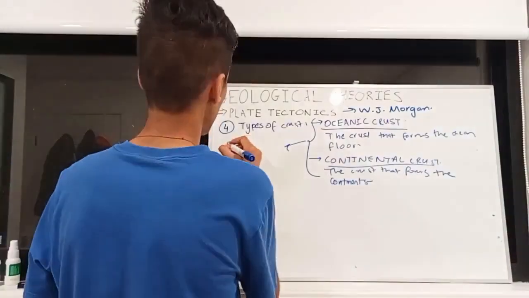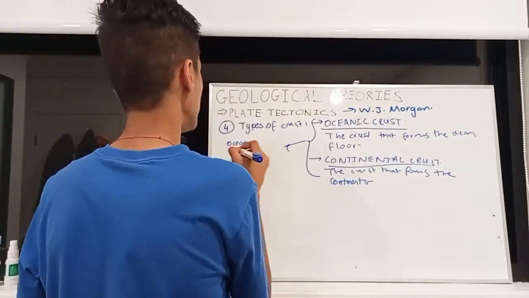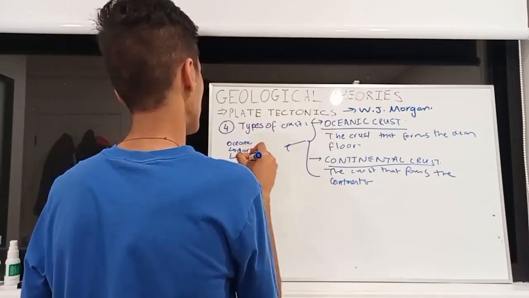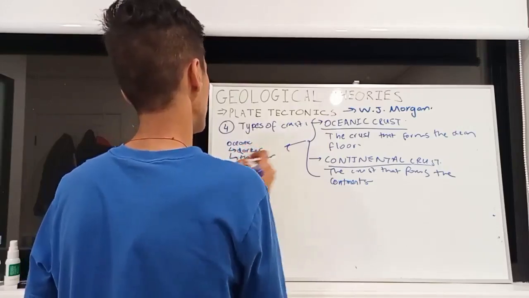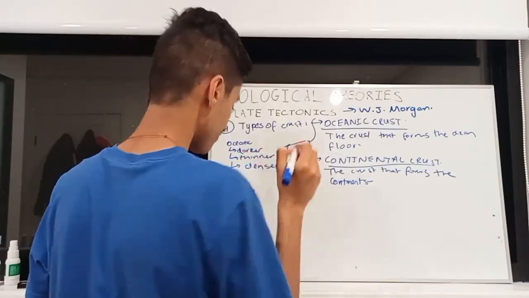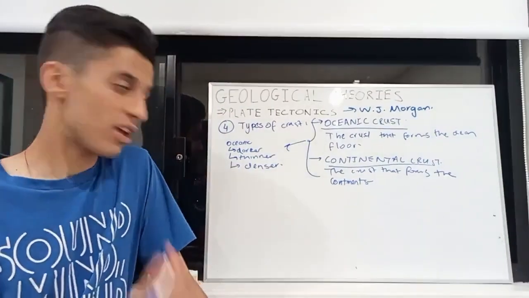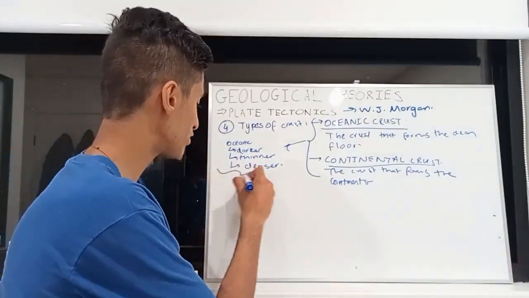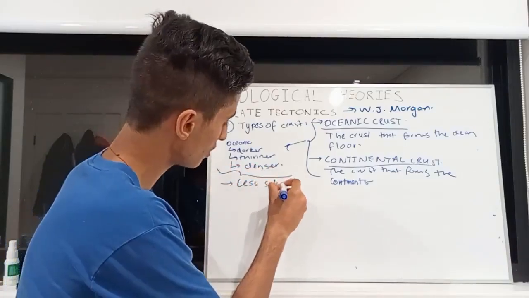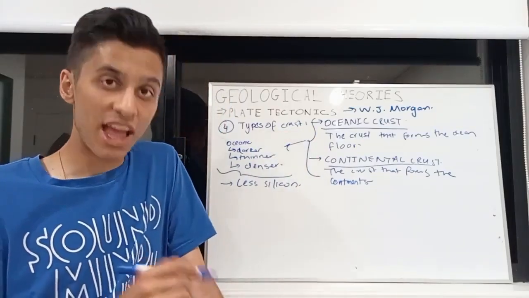So oceanic is darker, thinner, and denser than continental crust. And why does it have these traits? Because it has, firstly, less silicon and heavier elements.